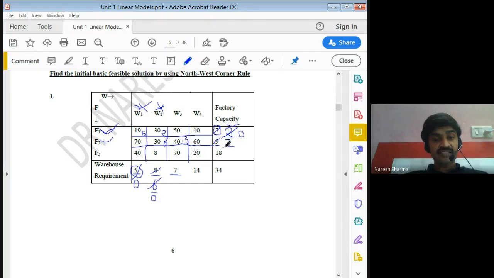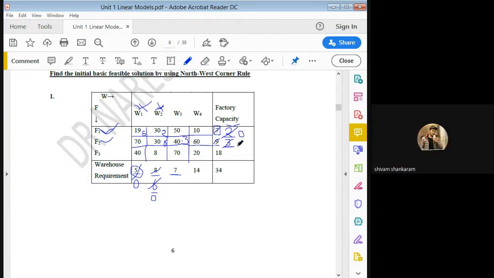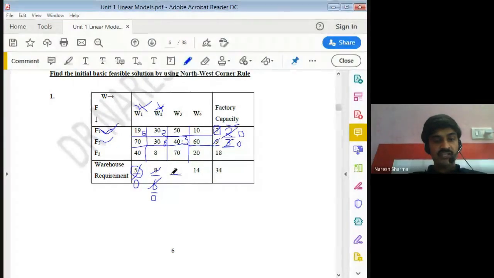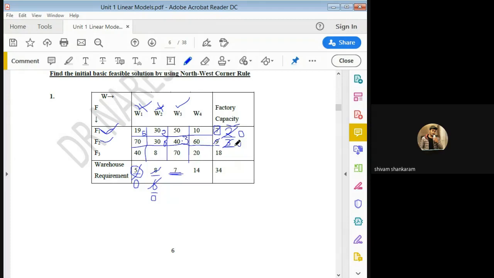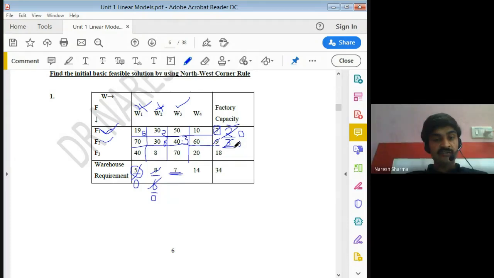Now this factory has sent all the items. A student asks how we know the requirement is 4. The requirement is not 4, it is 4 here, which means the requirement of this warehouse is 7. Yes, 7 is required. Here the availability or capacity of this factory is now 3 units. So we send only 3 units from the second factory to the third warehouse, because more than its capacity it is unable to send.